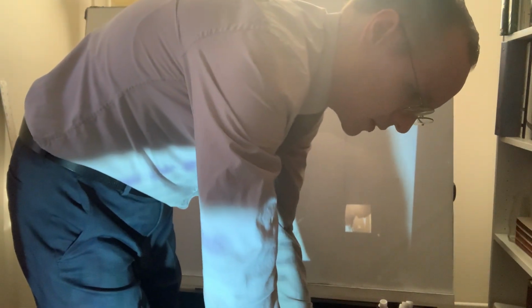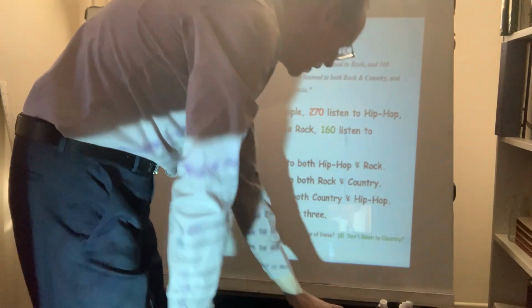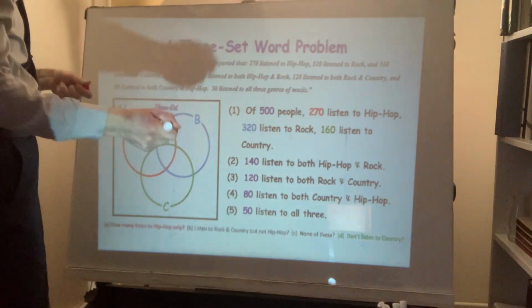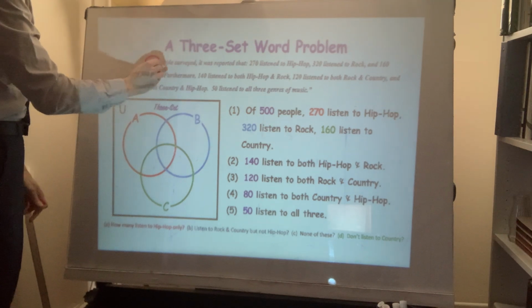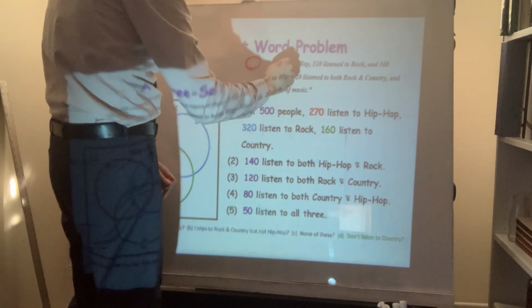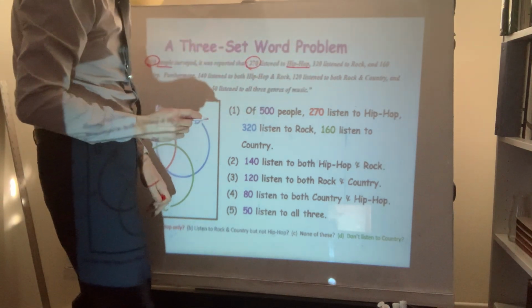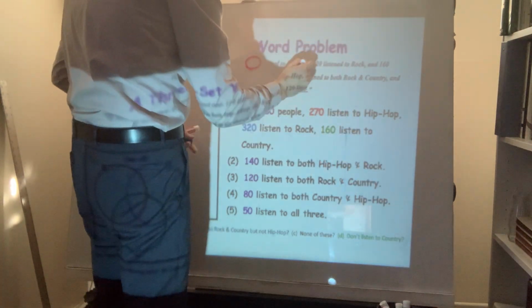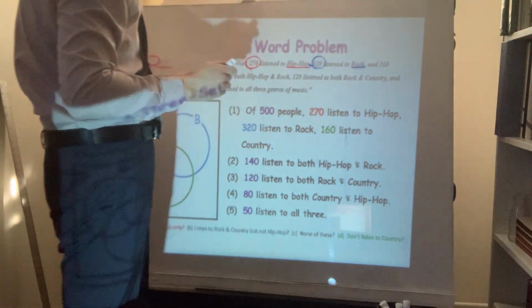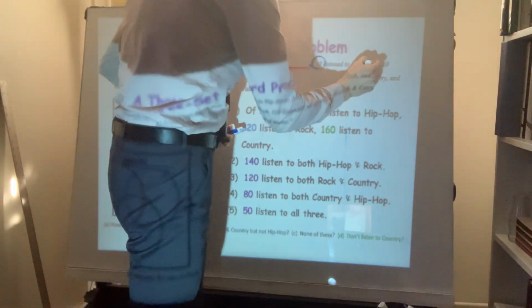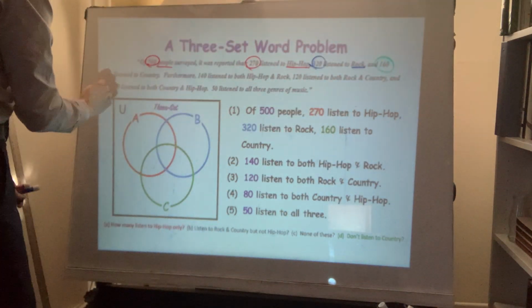All right, so they're talking about 3 types of music. In this case, it says 500 people are surveyed, and it was reported that 270 listened to the hip-hop genre, 320 listened to rock, and 160 listen to country.